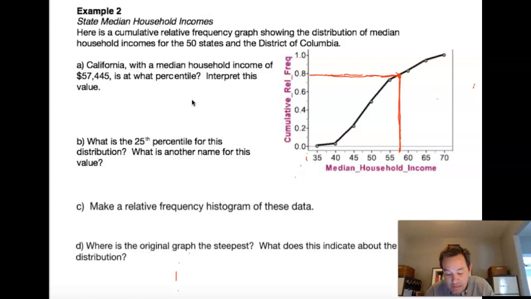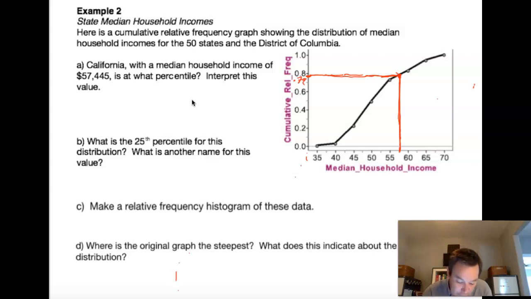Something like that. Then we're going to take note about what that cumulative relative frequency is. Mine's a little upsloping. I'm going to say it hits right there. Probably about 0.79. So what that means is that 79% of the data falls below this value.